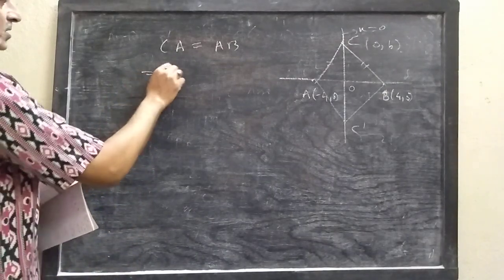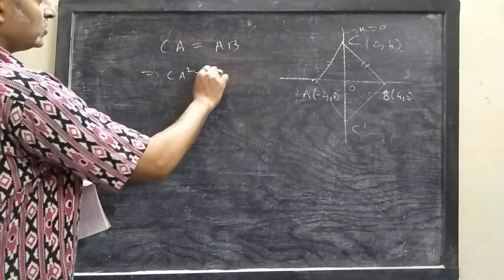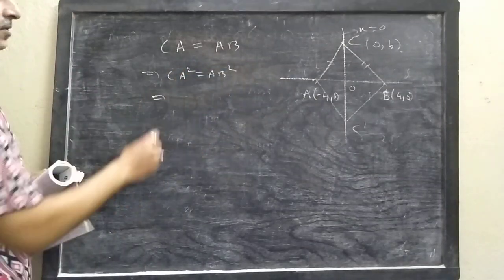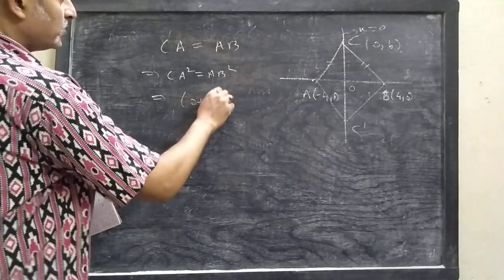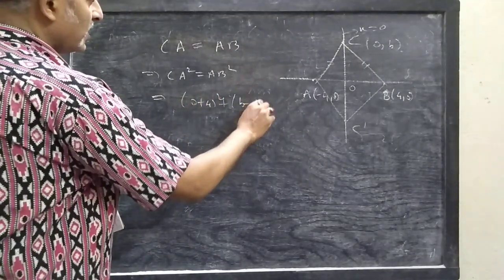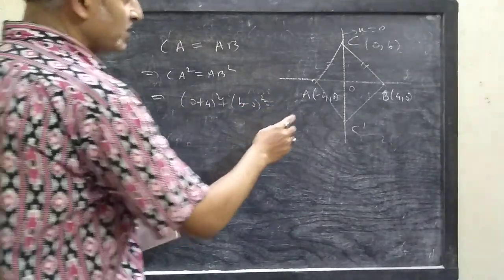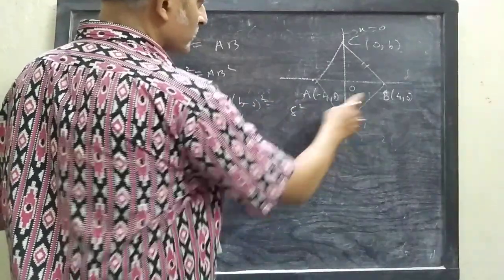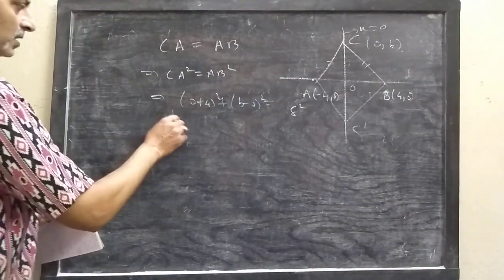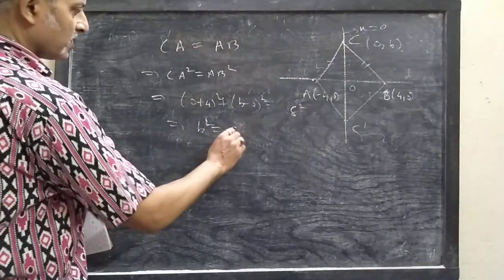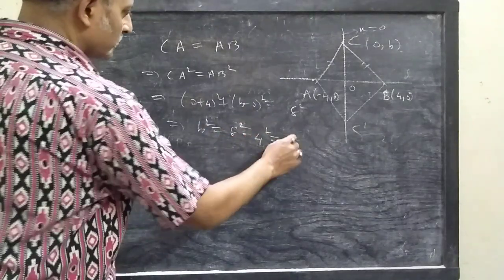Now CA square equals AB square. What is CA square? CA square will be 0 plus 4 whole square plus b minus 0 whole square, equals what is AB square? AB square will be 4 minus minus 4, that is 8, whole square plus 0 minus 0 whole square, so 8 square. And then you get b square equals 8 square minus 4 square.